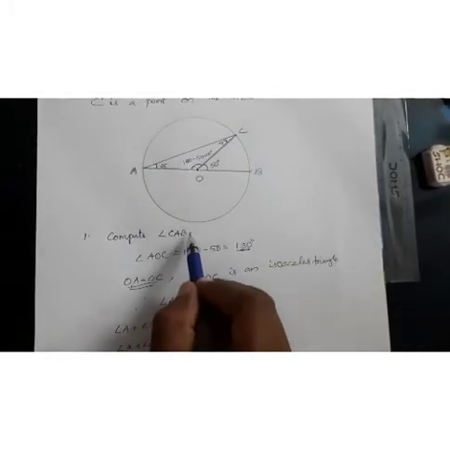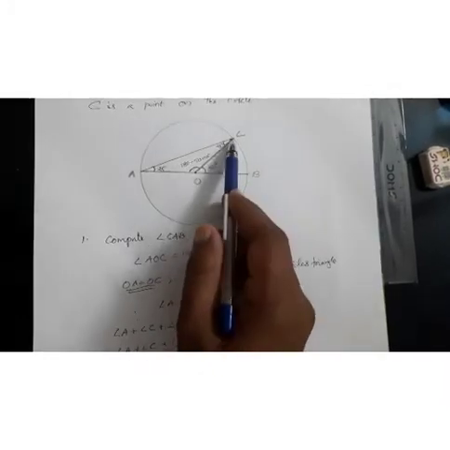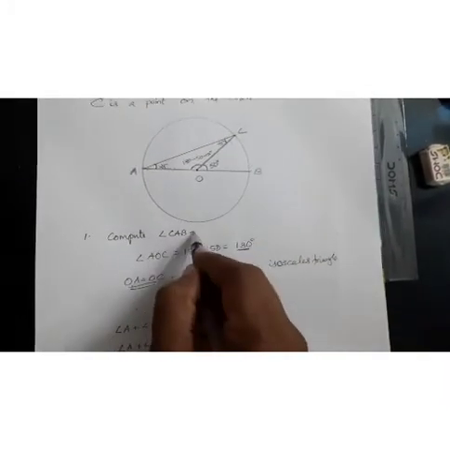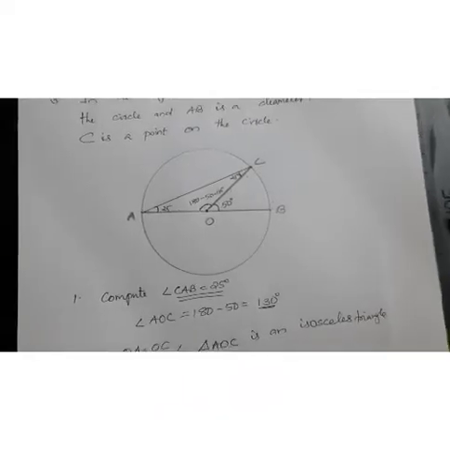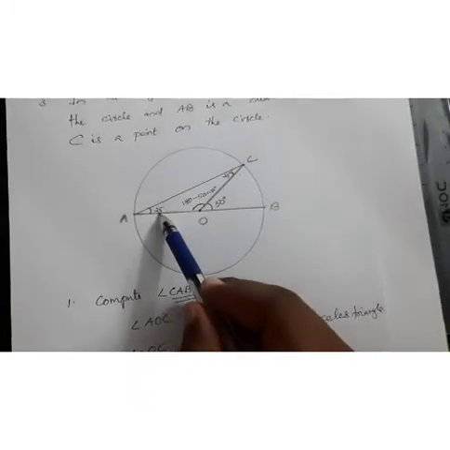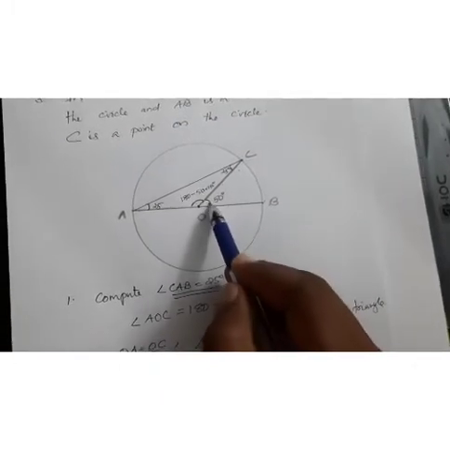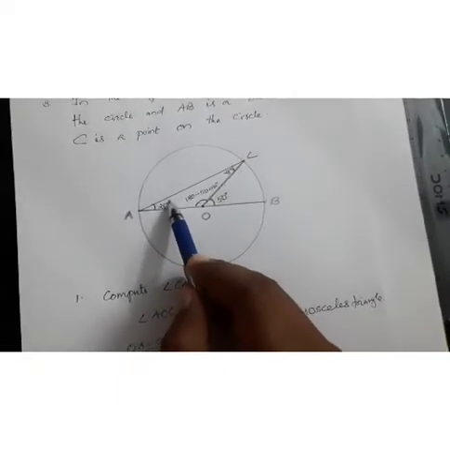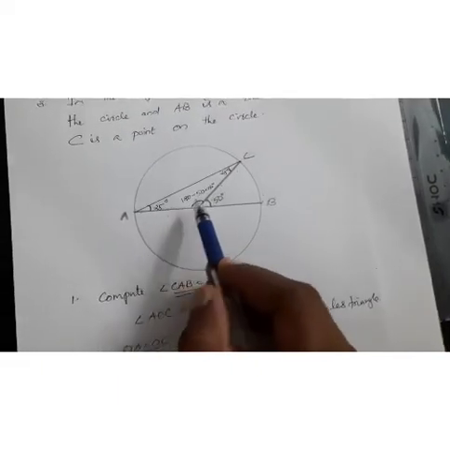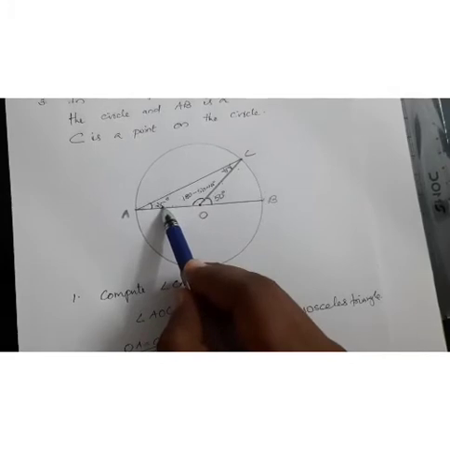So compute the angle CAB. What is the answer? That is 25 degree. See the speciality of this angle. What is the angle here? It is 50 degree. What is the angle here? It is 25 degree. So it is half of this.